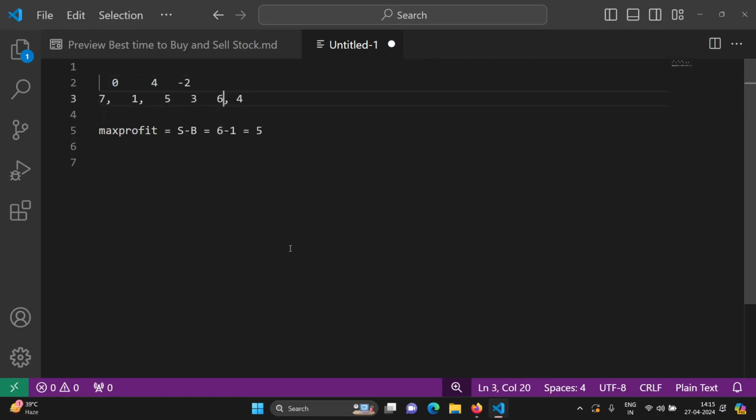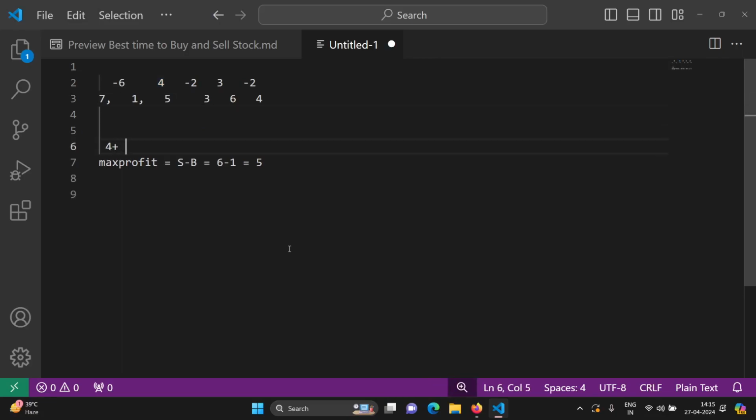Or if I bought on third and sold on sixth, I would make a profit of 3. And if I bought on sixth, minus 2. Now if you add 4 minus 2 plus 3, that is still 5.